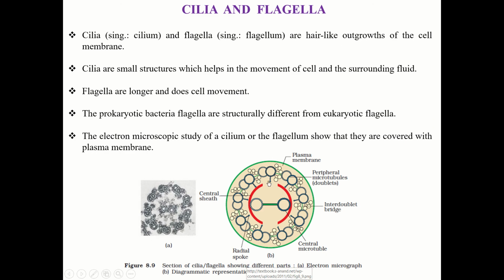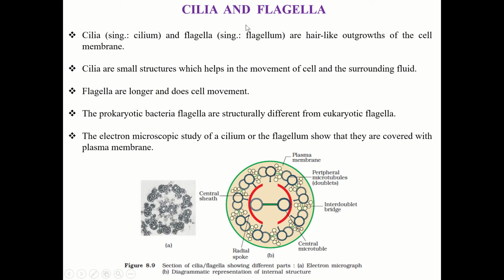Now the next structures are cilia and flagella. Cilia, singular cilium, and flagella, singular flagellum, are hair-like outgrowths of the cell membrane.